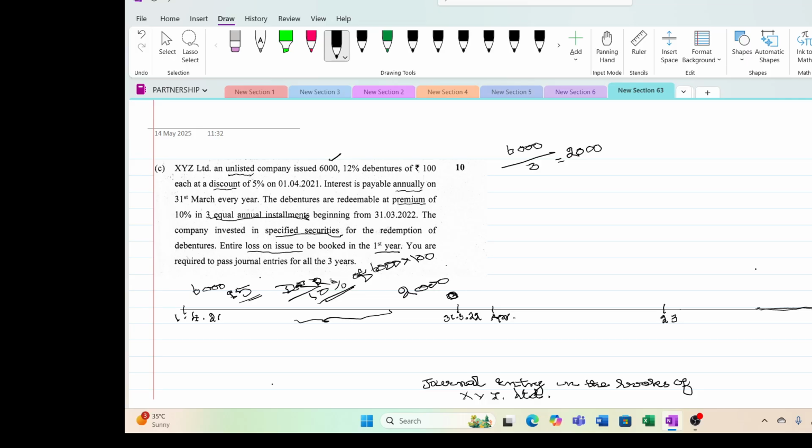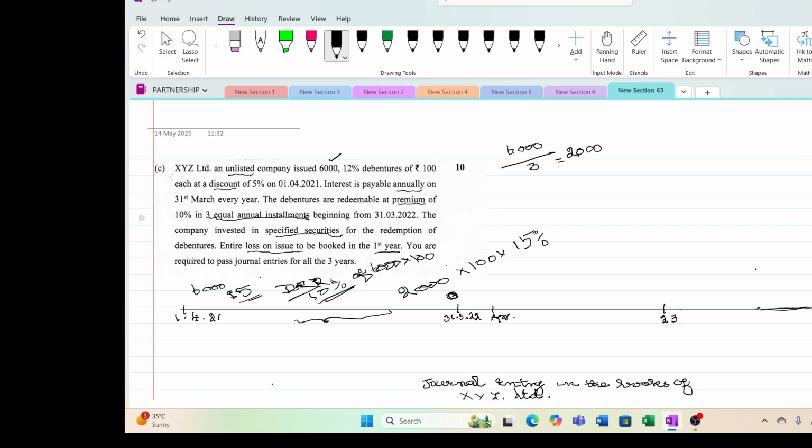So only for 2,000 debentures at the rate of, this is per debenture 100 rupees, at the rate of 15%, we have to create a debenture redemption reserve investment account. So this will be coming around 30,000 rupees. This only you have to keep in mind.